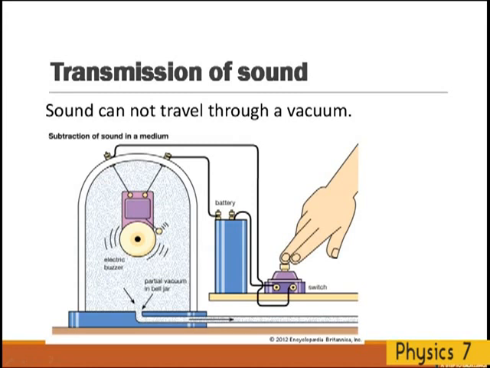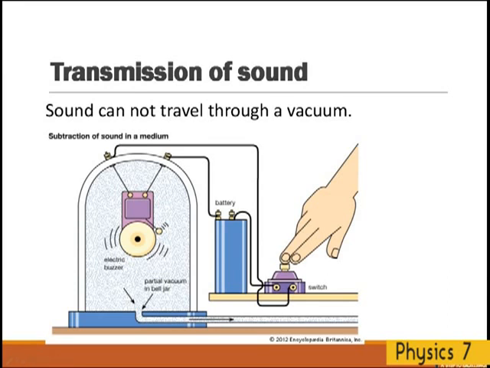Now, there are ways to show that sound can also be seen not to travel through a vacuum. In other words, if we were to place a ringing bell, and we connected up, for example, this bell or buzzer to a battery source and a switch, and we placed it in a bell jar, and we pumped out all the air from that bell jar, as the air is taken out of the bell jar, the sound from the electric buzzer begins to diminish.